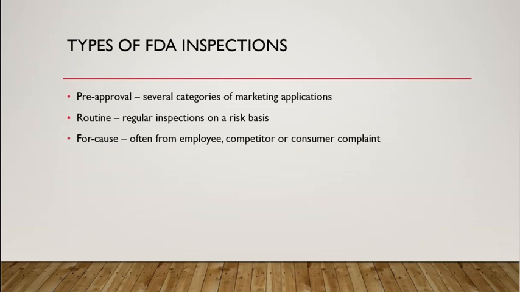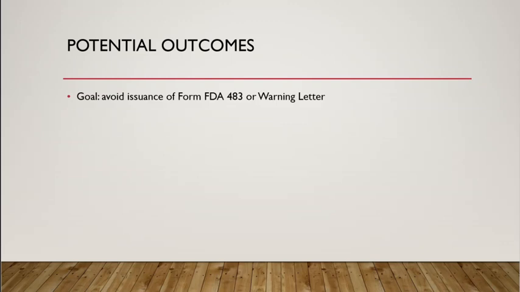After inspections, there are some potential outcomes. Some are good and some are not so good. So let's take a look at them. Our goal in the industry, at all costs, is to avoid issuance of what's called a Form FDA 483.